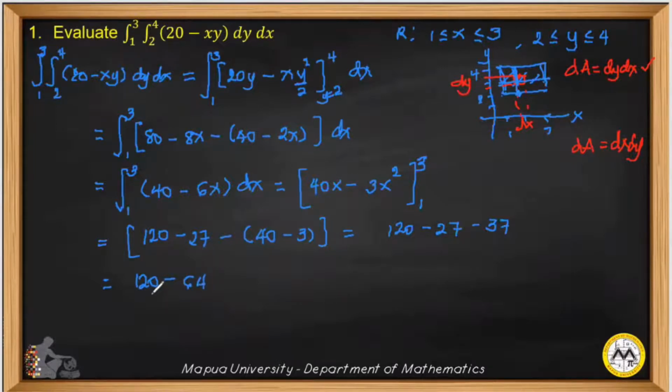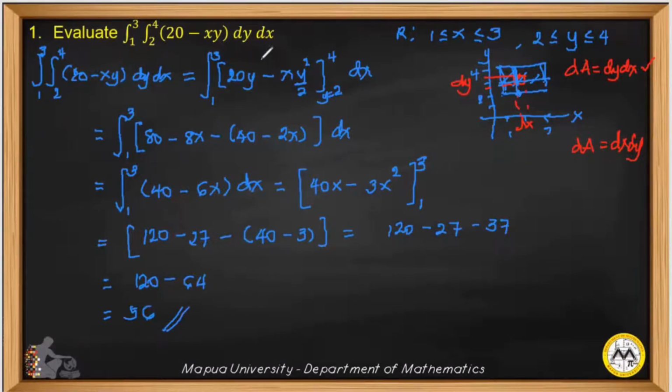And 120 minus 64 is 56. Okay, therefore, the double integral is equal to 56. Now, we can actually solve the integral the other way around, meaning reversing the order.